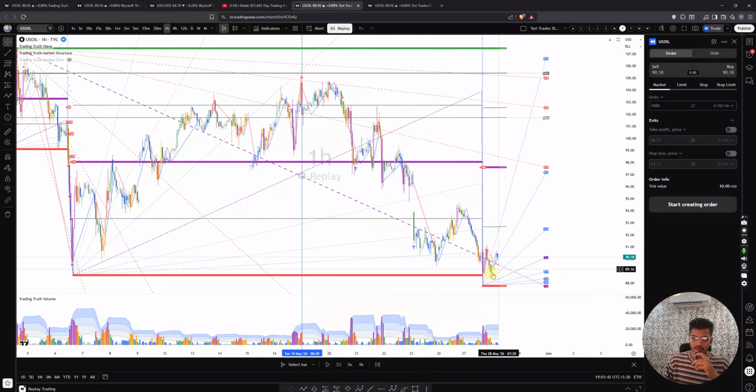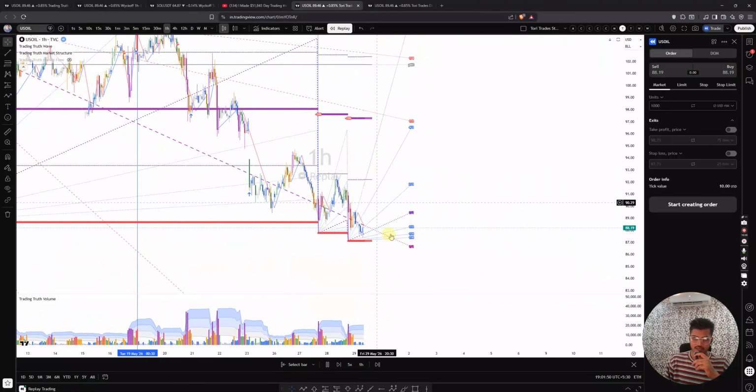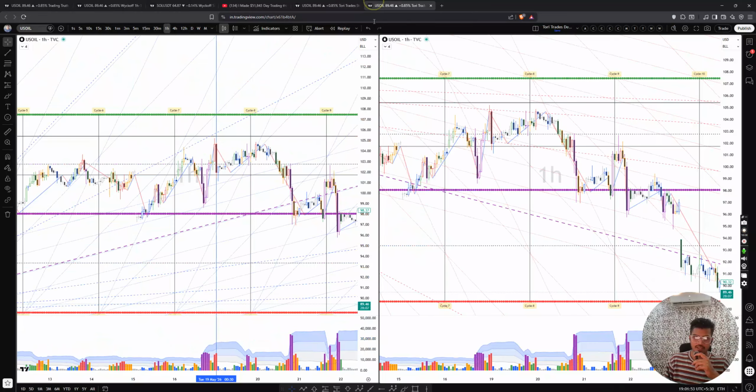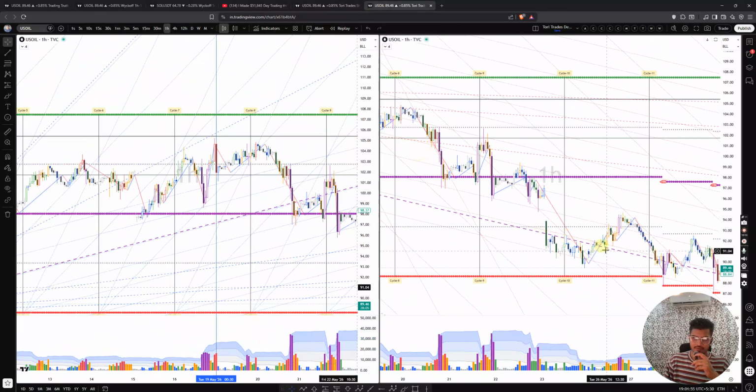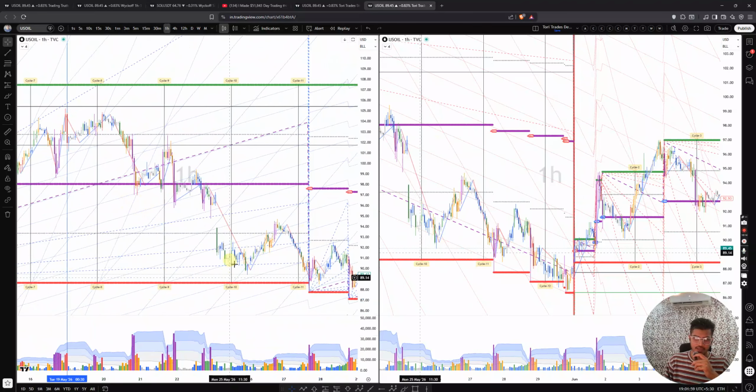So see, it made a new low around that, okay, and the month is going to end soon. So let's see. Imagine running this here. You would have the reasons why the market stopped there, or goes up.